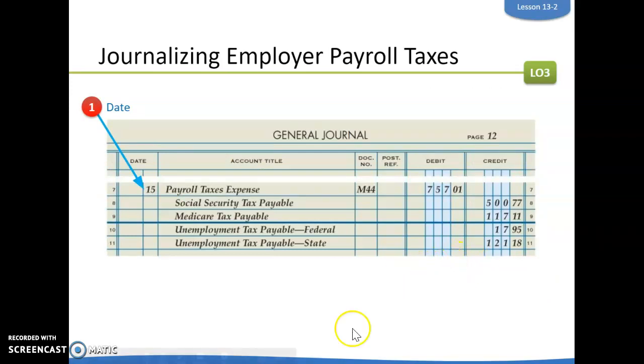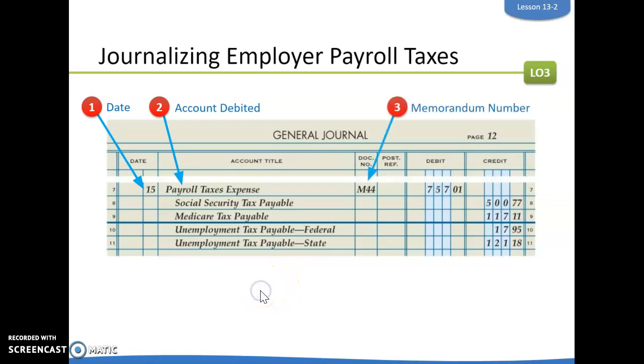So first thing for doing a journal entry, depending on what number it is here, I need to do the month or not. And it looks like we're on line 7, so the month is already done. So just the 15th. Okay, we need our account debited, which is that payroll taxes expense. Memo number 44. And we have an amount debited, that total of $757.01.